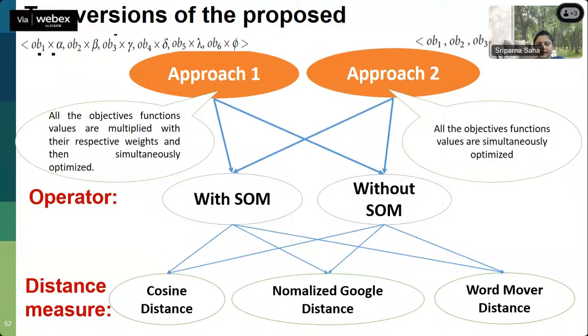And various distance measures are also used. There are different ways of computing the semantic similarity between two sentences. Either we can use word mover distance, or the normalized Google distance, or the cosine distance.